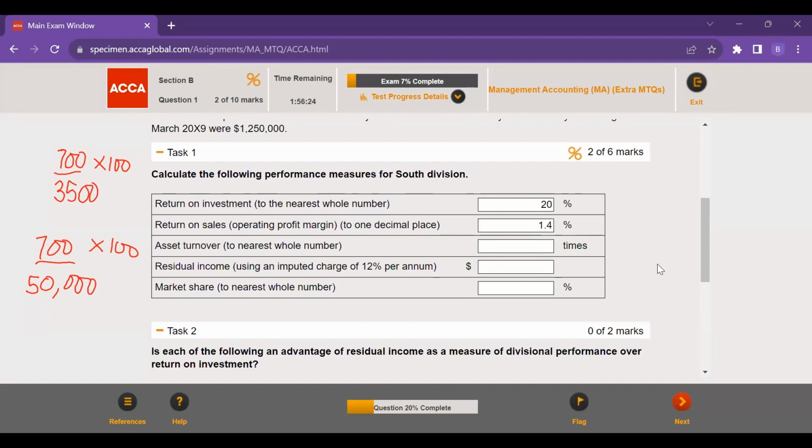Now let's have a look at asset turnover. The formula for asset turnover is sales divided by capital employed. Basically, according to how much money you have put in the business, how much revenue the business is able to generate from that money invested. This is found out in terms of times, which is already given. So we divide sales by our capital employed.